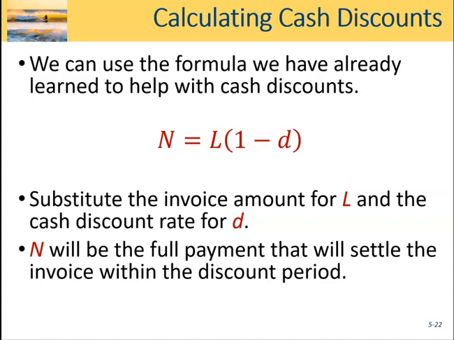So we'd have the invoice amount and multiply that by 1 minus 2%, or 0.02. 1 minus 0.02 is 0.98. So then you'd have the total invoice amount in the place of the L, multiply that by 0.98, and then that'll tell you what the full amount of payment should be for that invoice as long as you pay it within those 10 days.